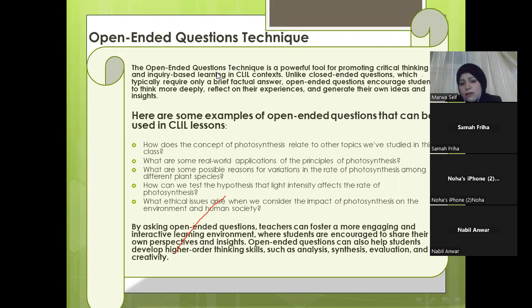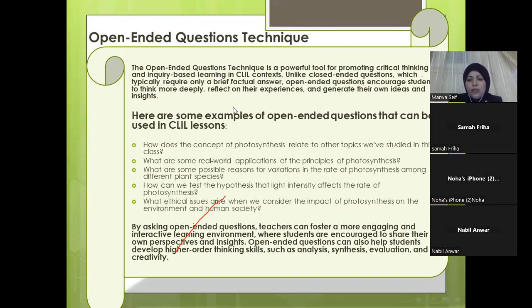What are some real-world applications of the principle of photosynthesis? What are some possible reasons for variations in the rate of photosynthesis among different plant species? How can we test the hypothesis that light intensity affects the rate of photosynthesis? What ethical issues arise when we consider the impact of photosynthesis on the environment and human society?